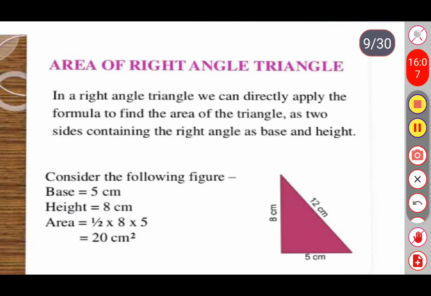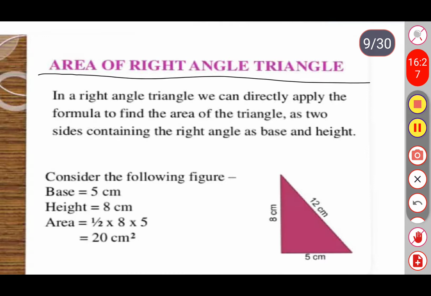Okay, let's see the next example. Area of right angle triangle. I already told you, in the right angle triangle, one side is the hypotenuse and the remaining two sides are the adjacent side and height or altitude, right?